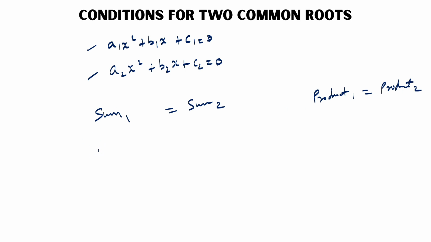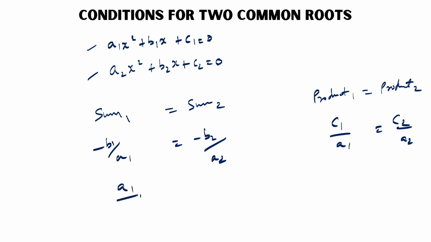What is the sum in the first case? Minus b by a, so minus b1 by a1, and in the second case minus b2 by a2. And what is the product? In the first case it is c1 by a1 and the product in the second case is c2 by a2. If we bring the coefficients of x square to one side, we get a1 by a2 equal to b1 by b2, and in the product case a1 by a2 equal to c1 by c2.